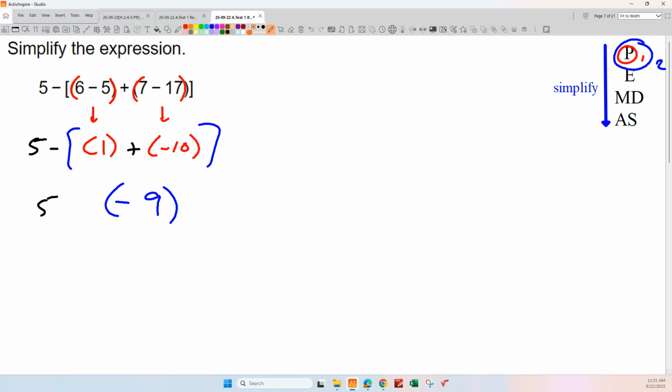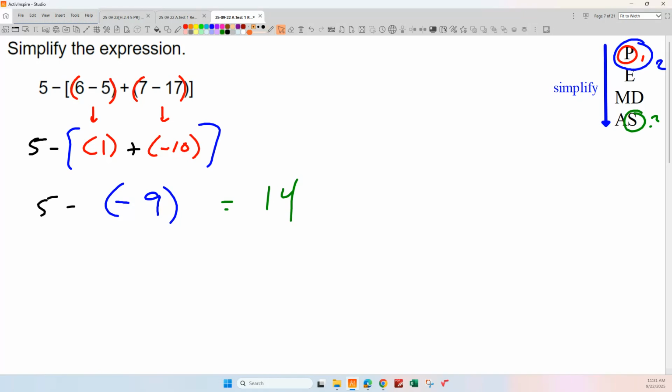So I get 5 minus negative 9. What's next? No exponents. No multiplication. So it would be either addition or subtraction, whatever you want to call it. What is 5 minus negative 9? Done. Okay? Good?